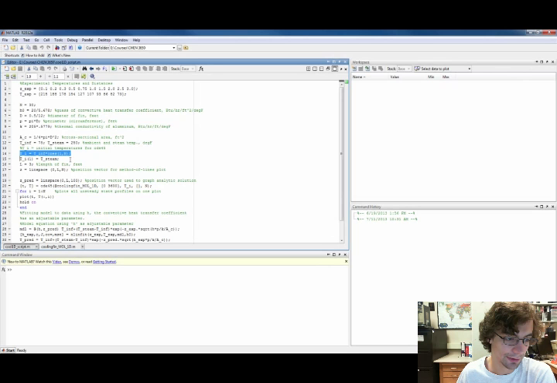And as I said, you'll need to redefine your boundary conditions here. So this is your temperature of the steam.